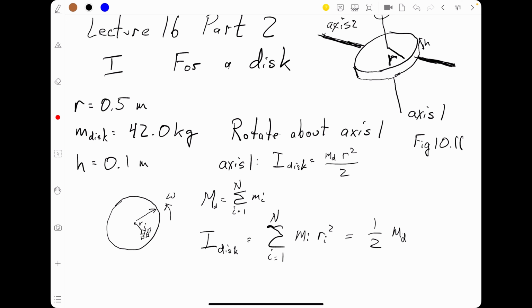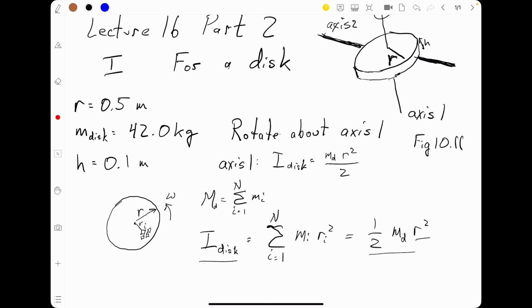So you're just going to take it for granted that the net R that we end up with, if we divide the whole mass by 2 and square the whole radius and multiply those two things together, we would get the disk. Okay? So that's how it works.